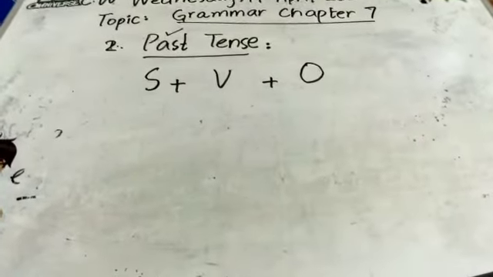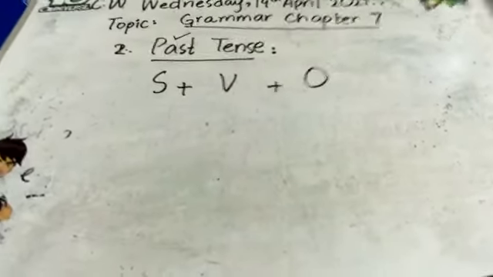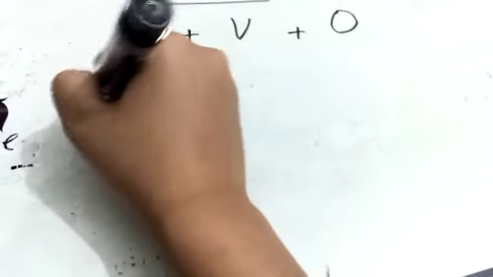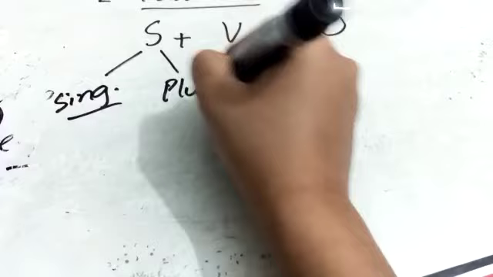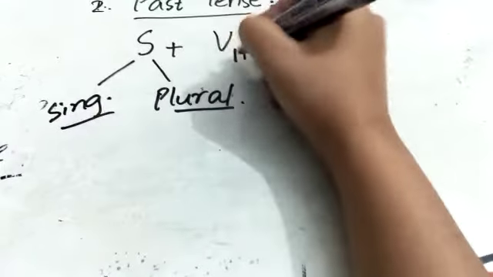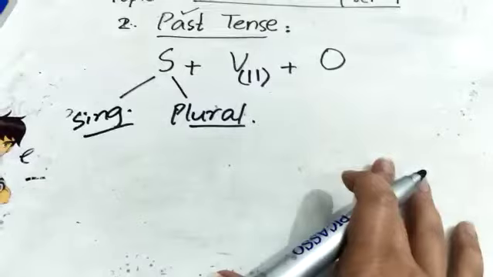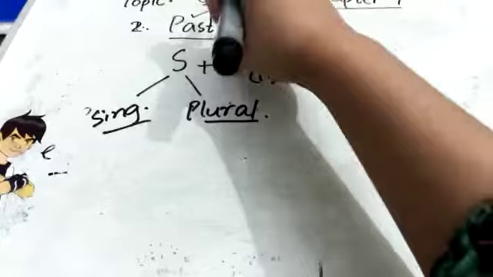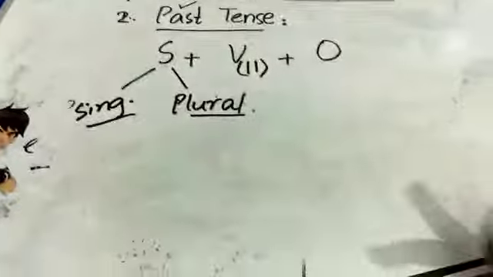Any sentence that ends at tha, thi, the is known as past tense. Anything that is done in past time is known as a past tense. And this past tense is the simplest tense among all the tenses, because whether your subject is singular or plural, you always have to use verb second form with the subject. There is no helping verb used before the verb in your simple sentences.